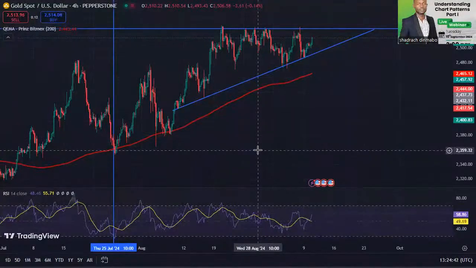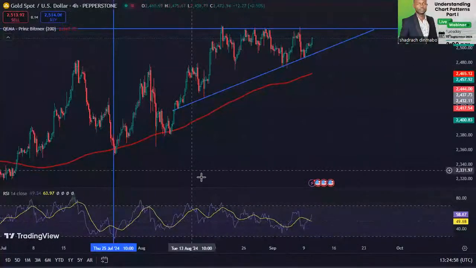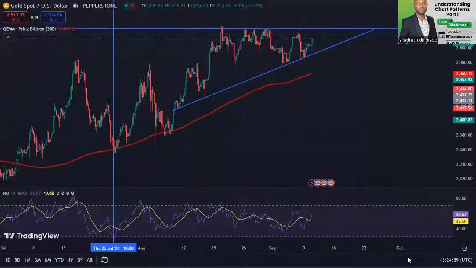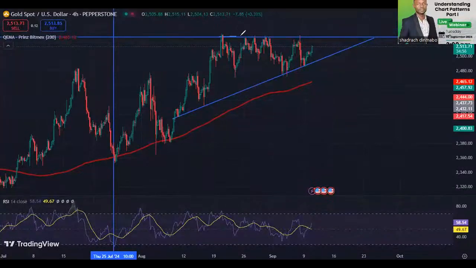Can we say this is an ascending triangle? Right? So this is an ascending triangle. How do I know that? Let's look at this. You can see that this is quite an horizontal resistance level. Is that okay?